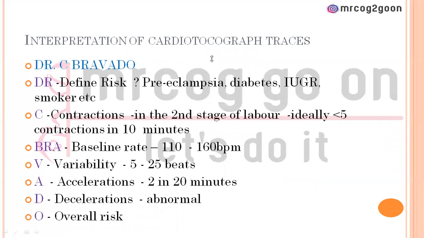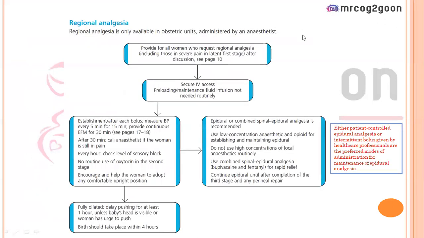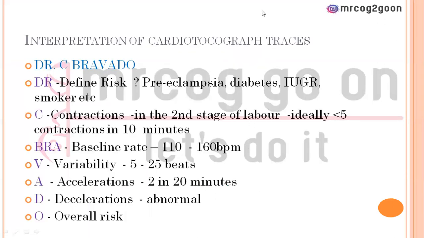If you have a question, either put it in the chat or unmute yourself and tell before I start the CTG. And anyone who has a question on the previous part, just tell it before we start. Yeah, okay, I'll upload it. Don't worry, I'll upload it after the session, inshallah. I have it, don't worry.